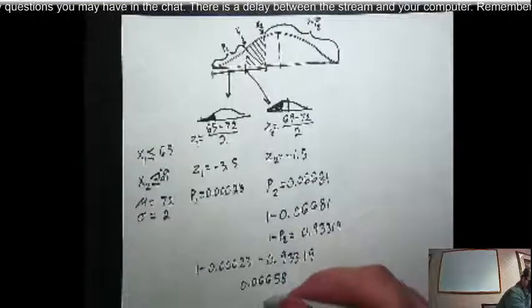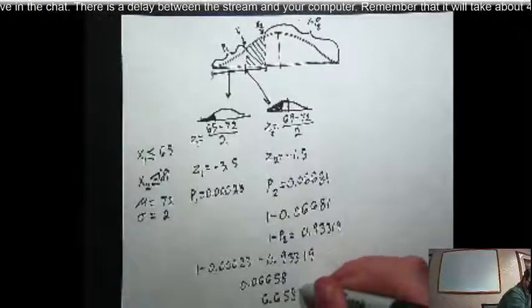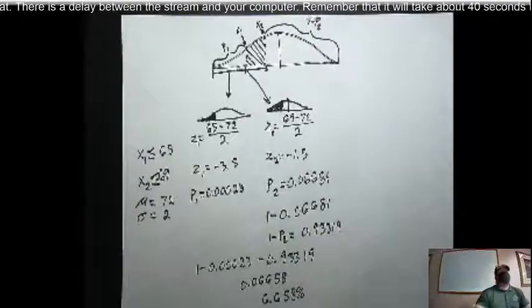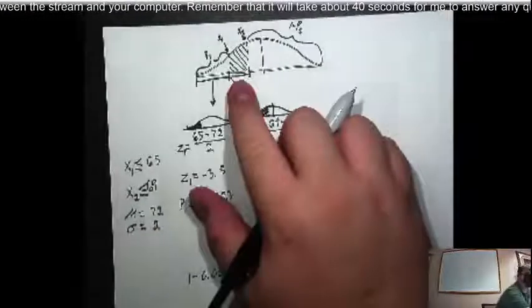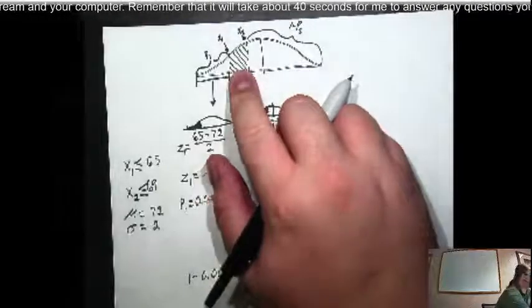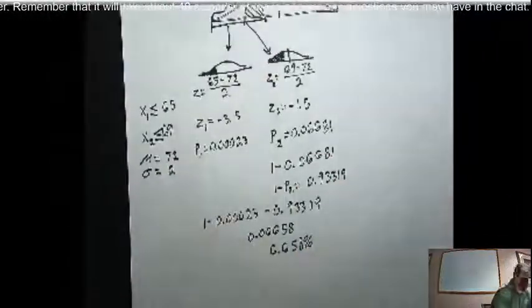And of course, as a percent, that would be 6.658%. So just above 6.5% of our data lies right here. Make sense?